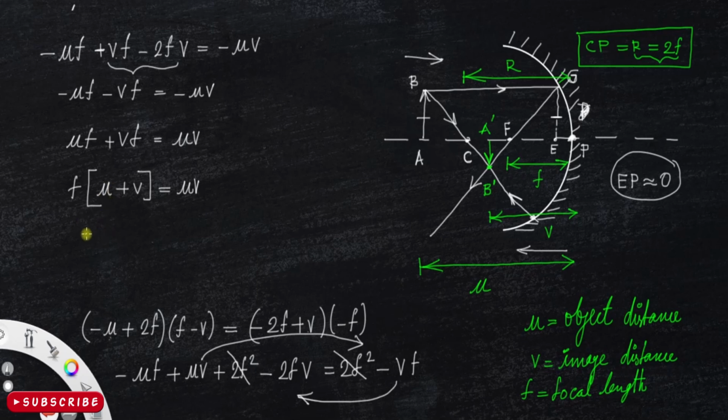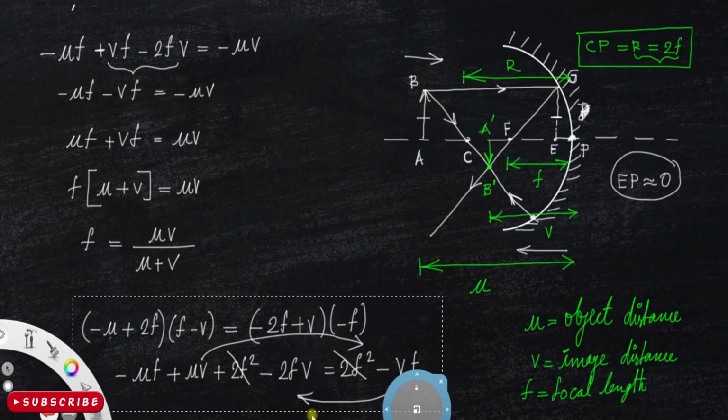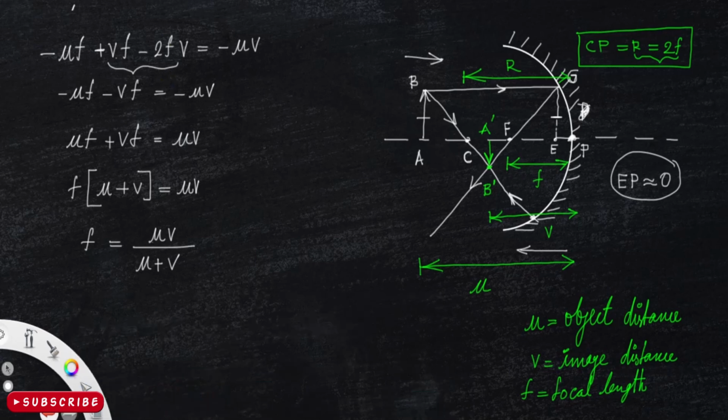Now we have F is equal to UV divided by U plus V. Now if you take the reciprocal on both sides, you will get 1 by F equal to U plus V divided by UV.